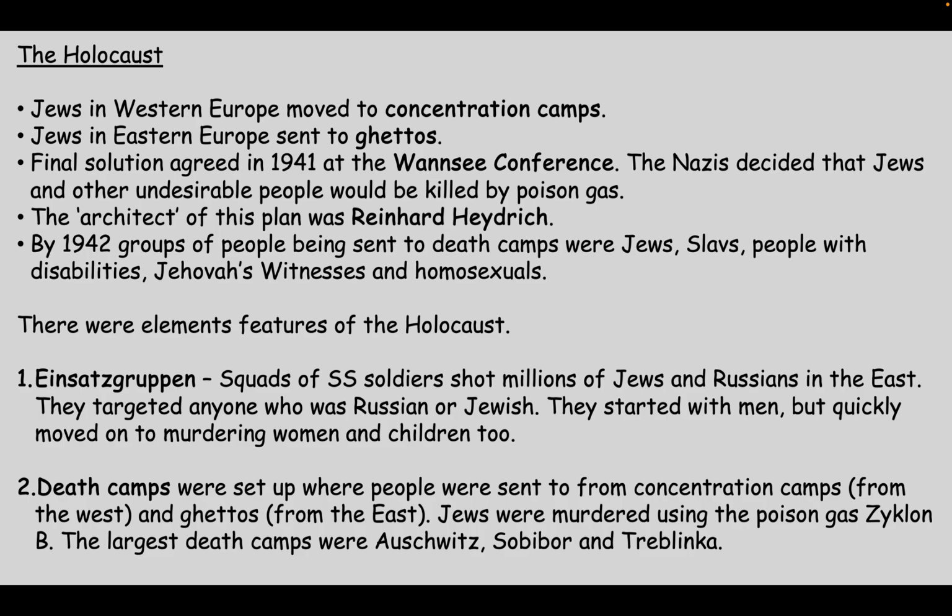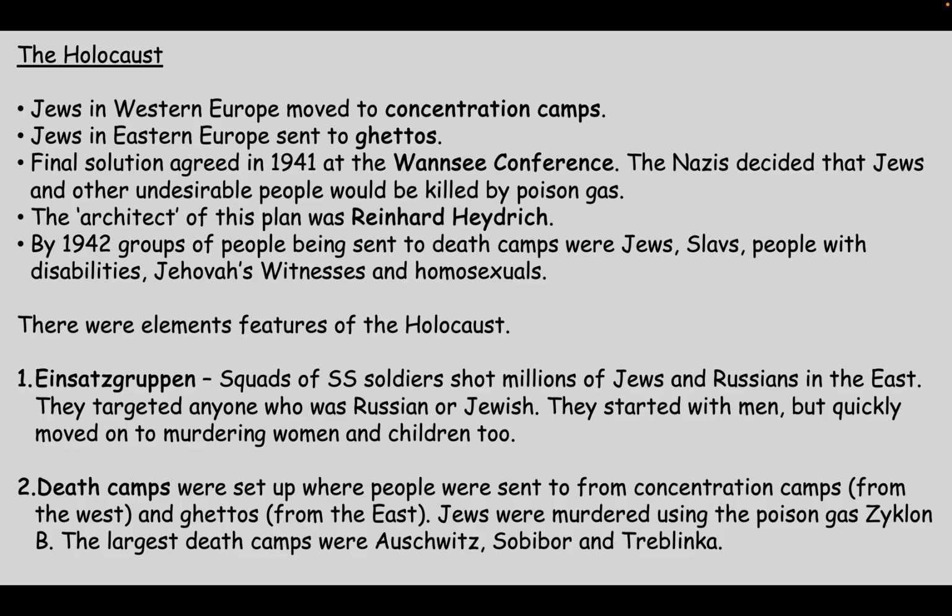And at the same time, they'd built these death camps. So following the final solution, when they agreed at the Wannsee Conference that they would murder the Jews of Europe and other undesirable people, they set up death camps. Now, I spoke earlier on in the video about concentration camps and them being very different to death camps. The death camps were set up as separate to concentration camps. The easiest way to remember it is that concentration camps were to concentrate people, to hold people.